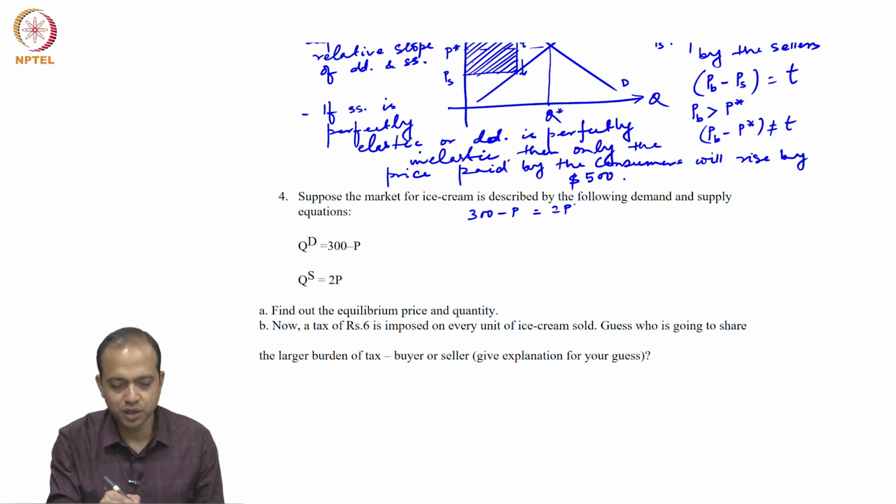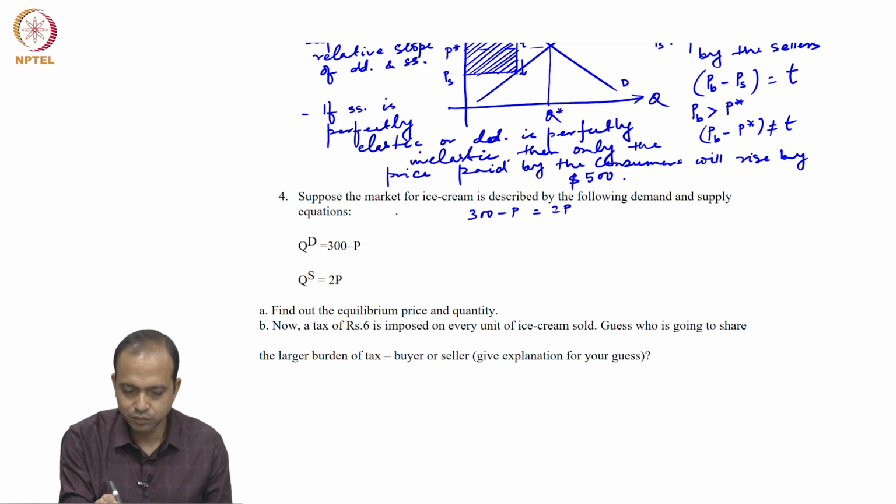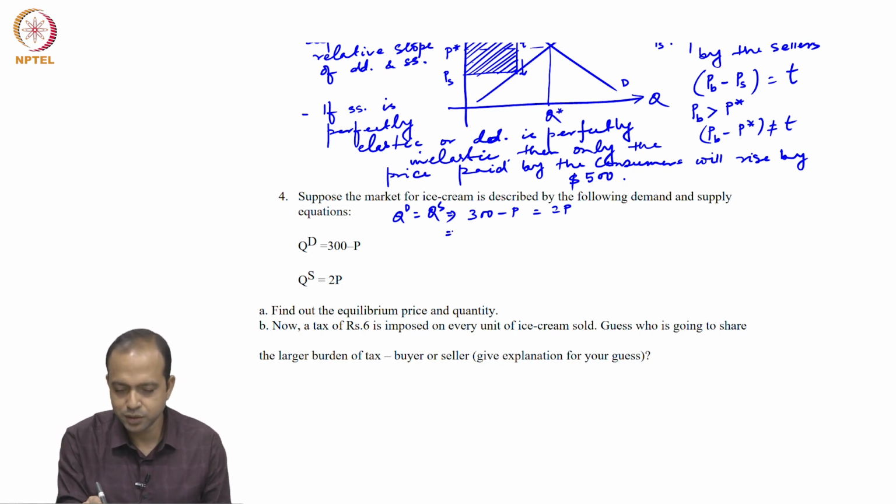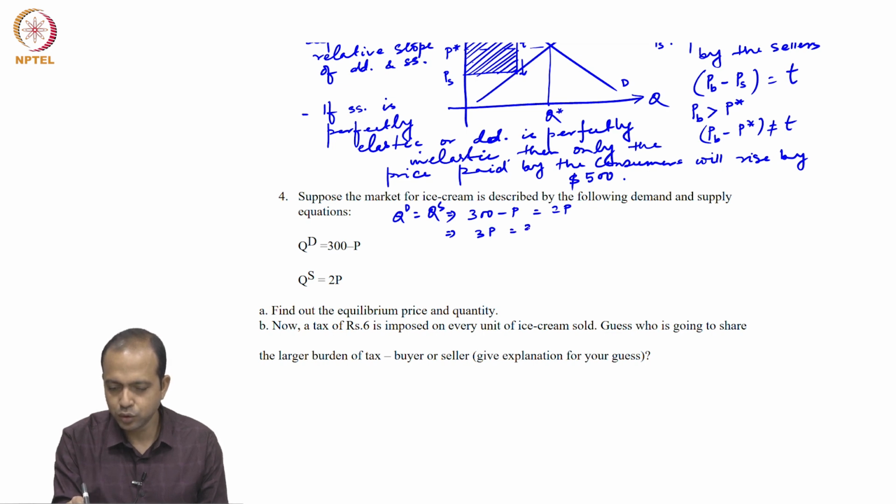By equating QD equals QS, we get 3P equals 300, that means P equals 100.